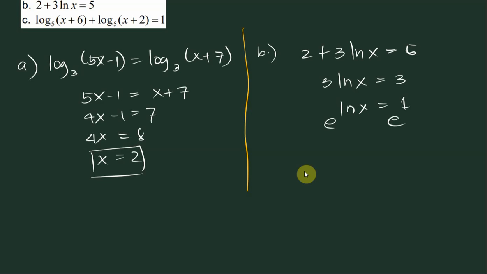So e raised to ln of x and then e raised to 1. e raised to ln of x, from the inverse property, will be x, and e raised to 1 is e. So x is equal to e.